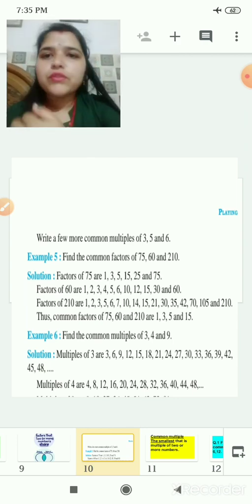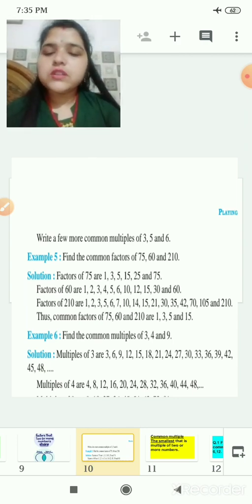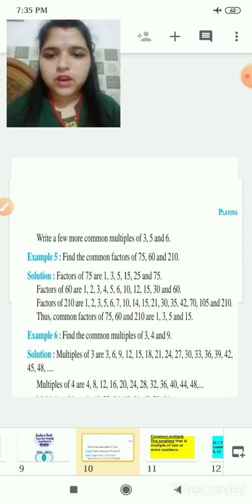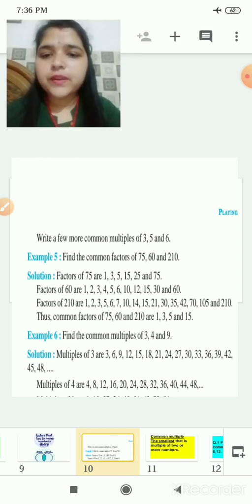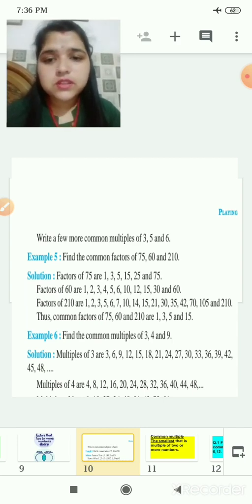Okay, now we will look for the factors of 60. So the factors of 60 will be 1, 2, 3. See how I am saying 2, because 2 completely divides 60. So 2, 3, 4, 5, 6, 10, 12, 15, 30 and the number itself, that is 60.